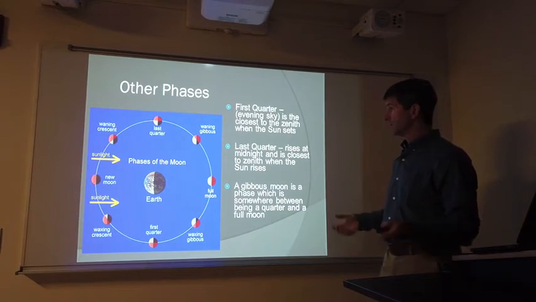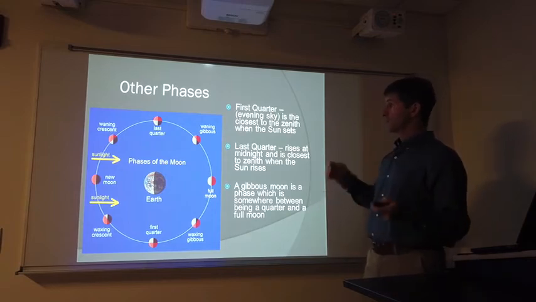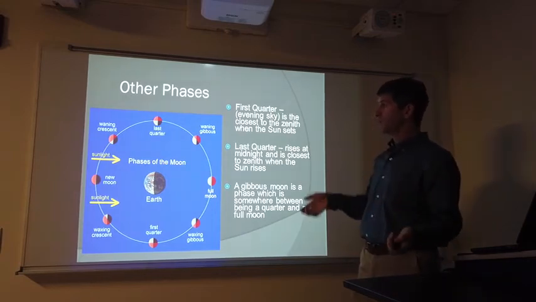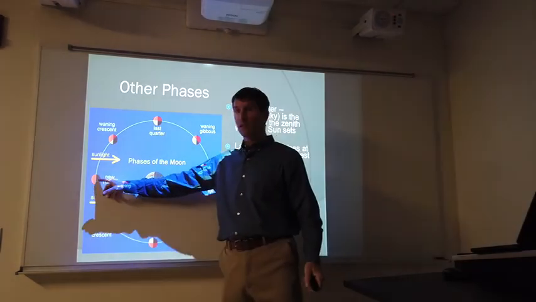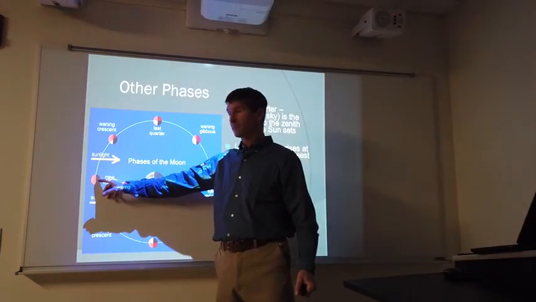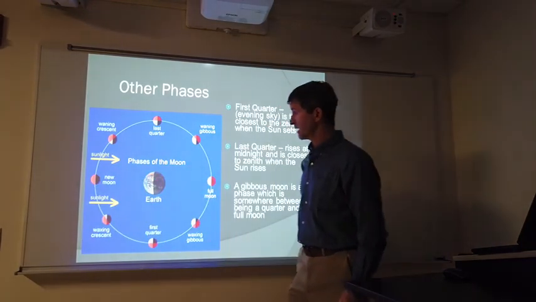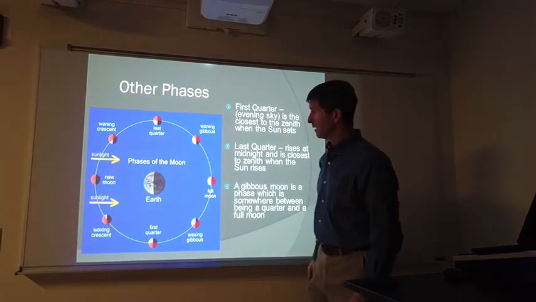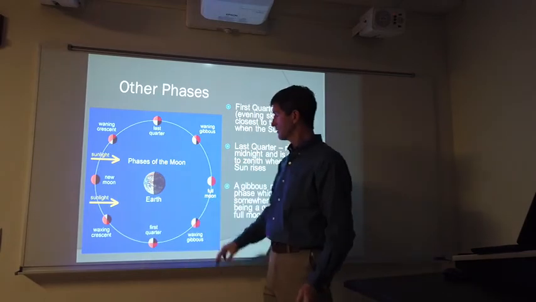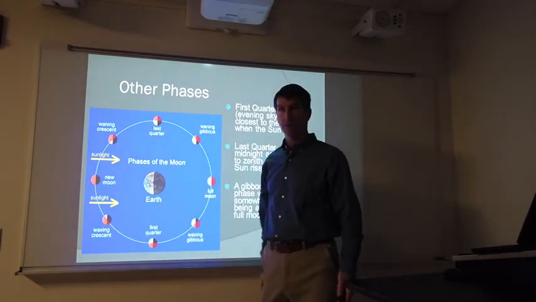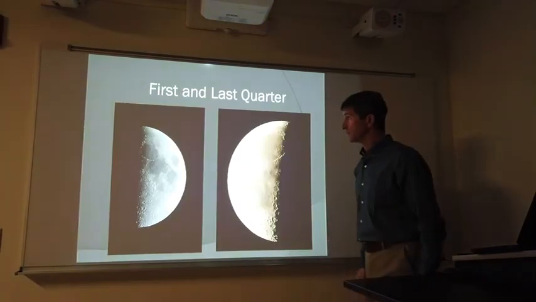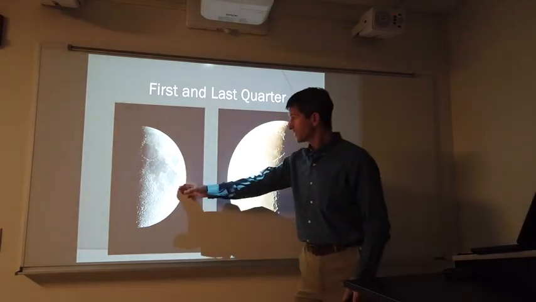But again, the different phases of the moon start with new moon first. The sunlight is basically striking the part of the moon behind us, so we can't really see the moon. We go to first quarter, full moon, last quarter, and back to new again. Here's what the first quarter looks like.